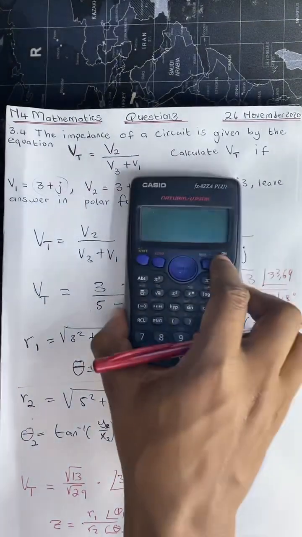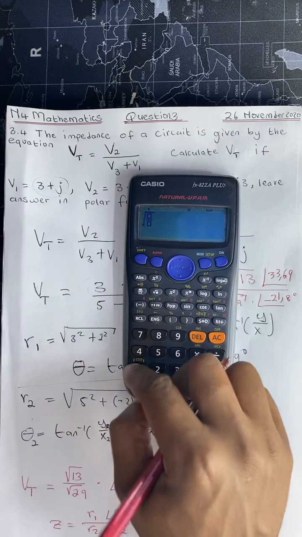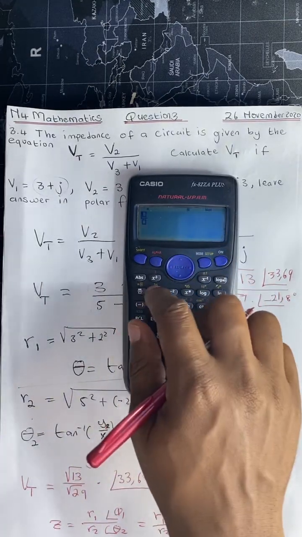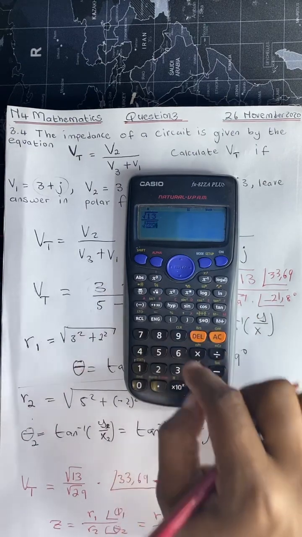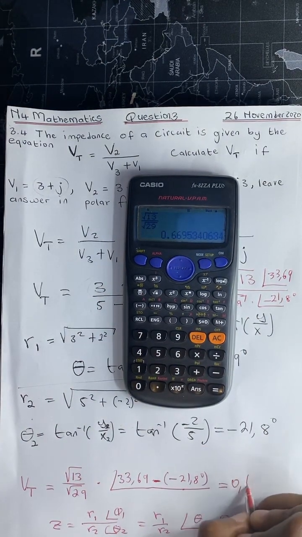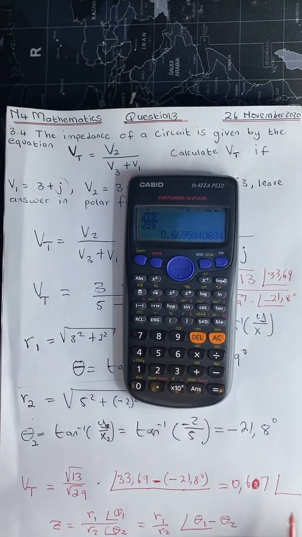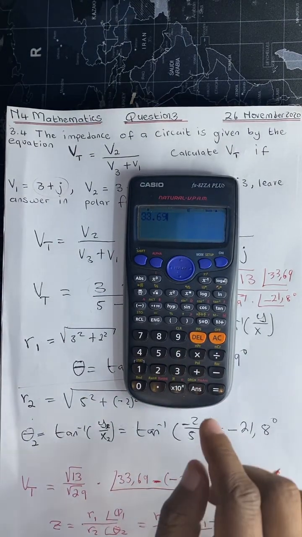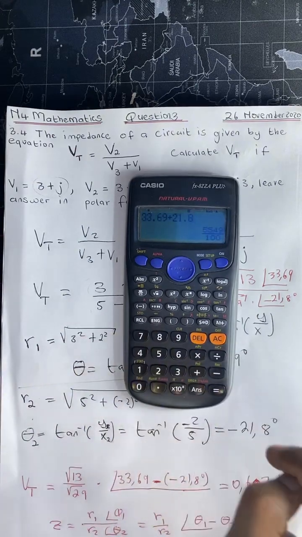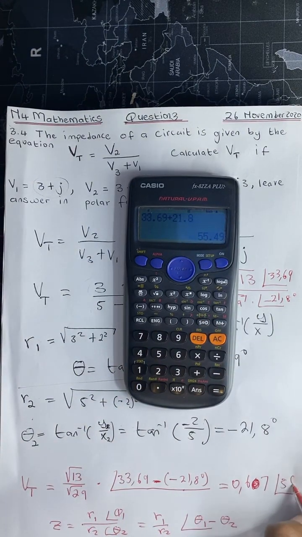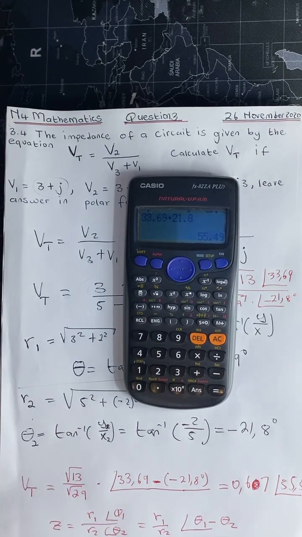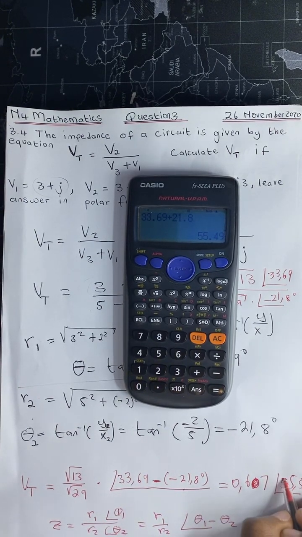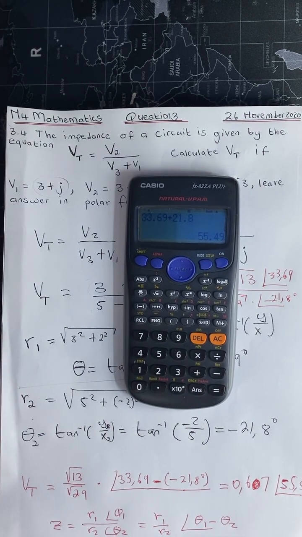This will be equal to the square root of 13 divided by the square root of 29, which is 0.669, which we can write as 0.67, and 33.69 minus negative 21.8 will be plus 21.8. We have 55.49, which I rounded off to 55.5. So that's it for question 3.4.